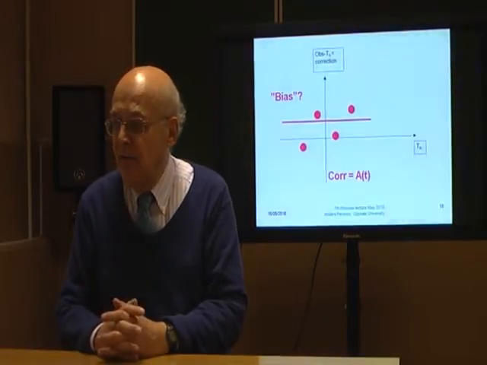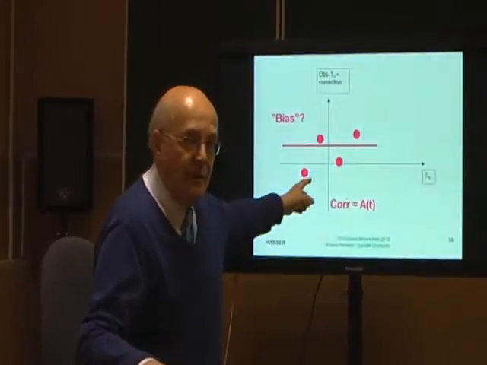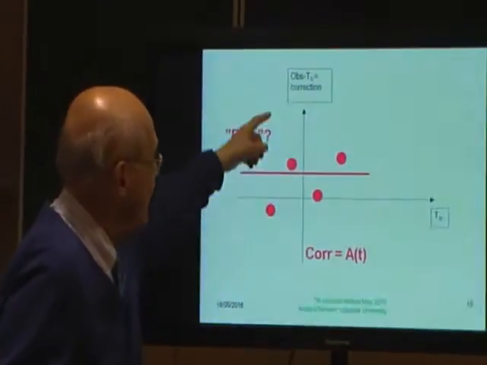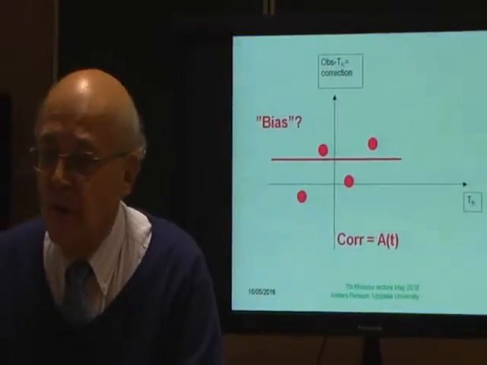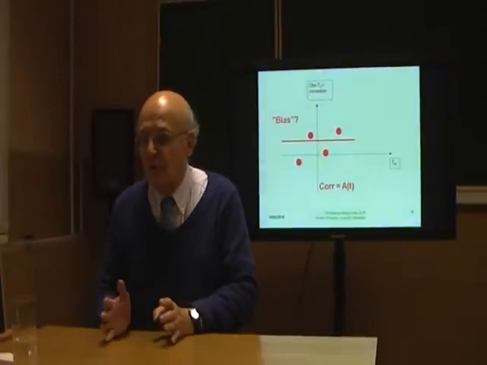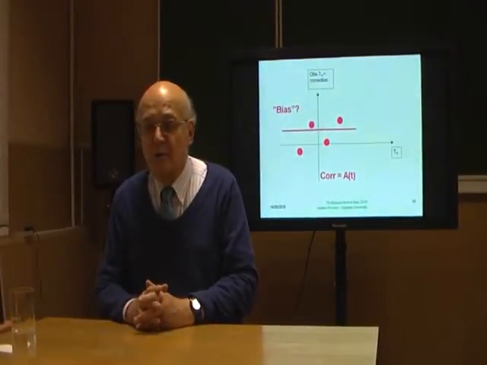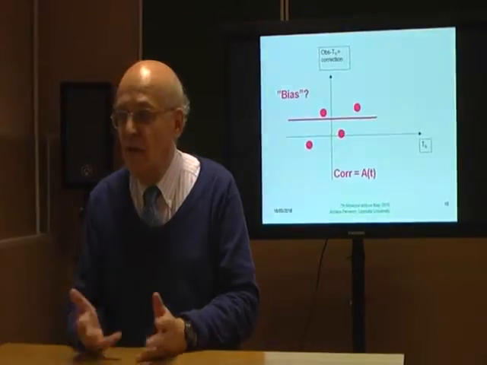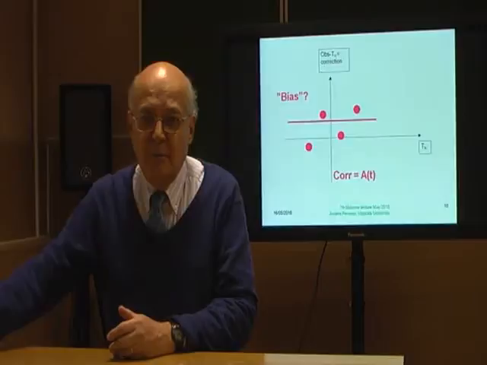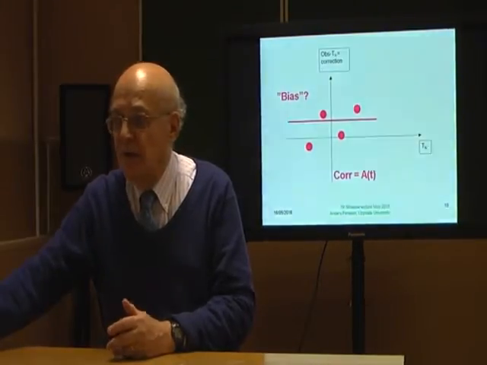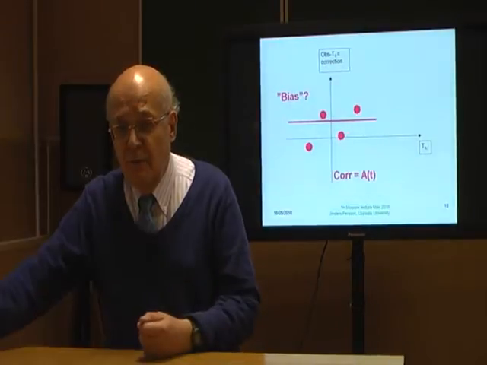And here is an example where we have on the x-axis the forecast temperature, and on the y-axis the error. And we have now 4 forecasts, and one of them was too cold, one had no error, and 2 were too warm. And on average you had a mean error of some magnitude. Now, does this mean that we have a systematic error of this type?